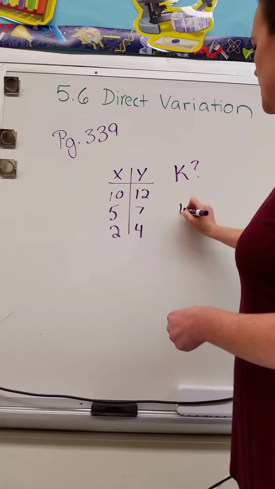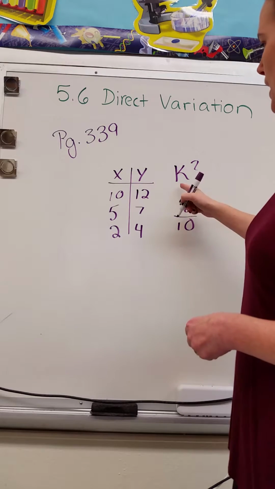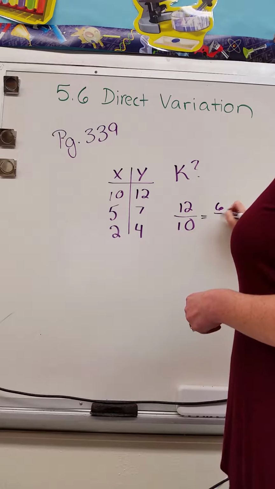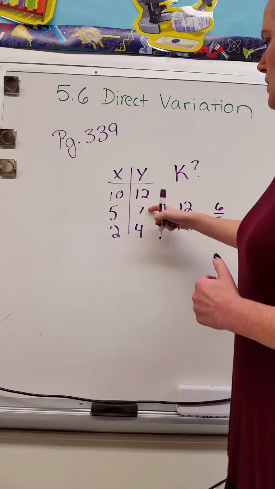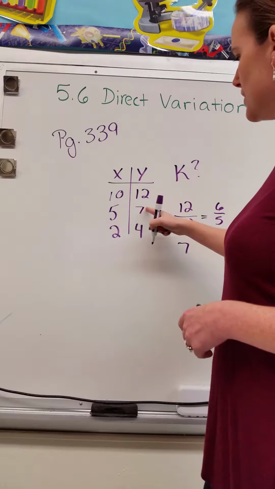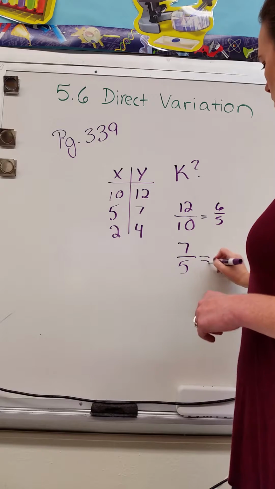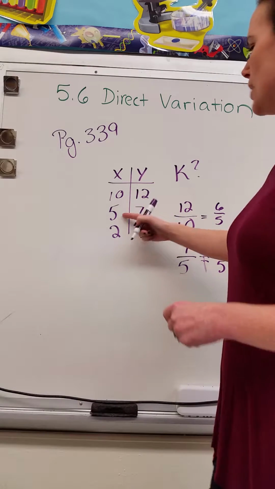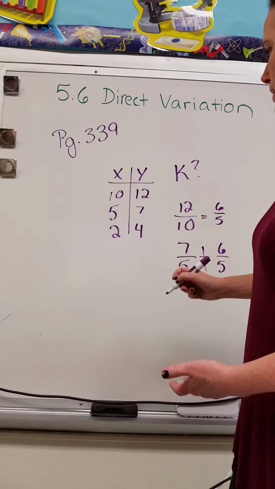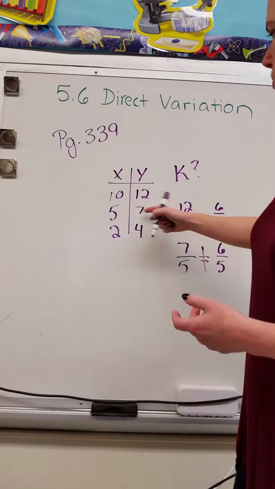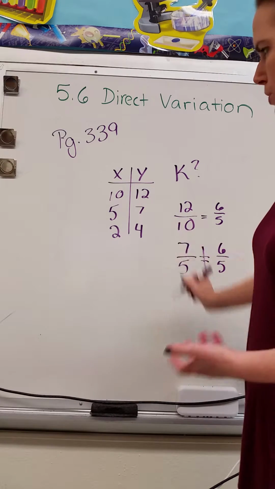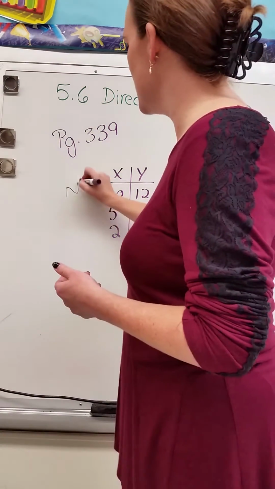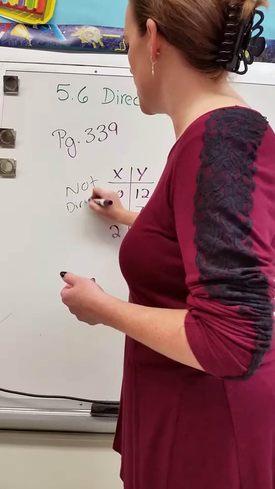If you do 12 over 10, because we know that k actually is just y over x, 12 over 10 is 6/5. 7 over 5, well, that's not 6/5. This one gives me 6/5, this one gives me 7/5, this one gives me 2. Since there's no constant k, you would say this is not a direct variation.